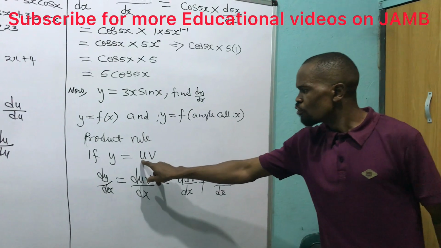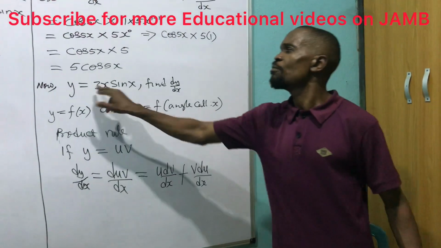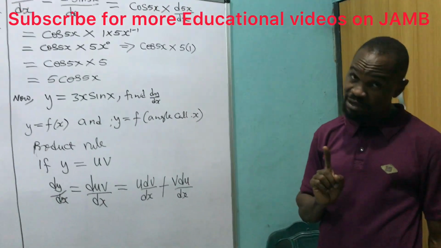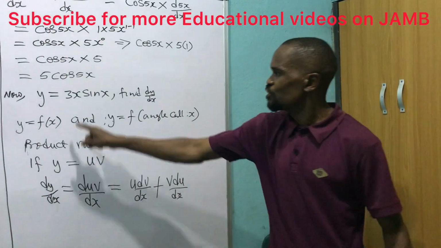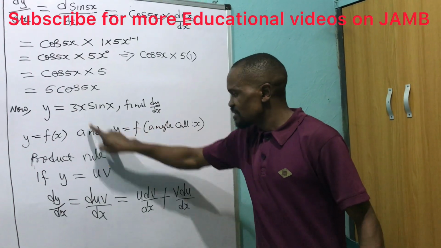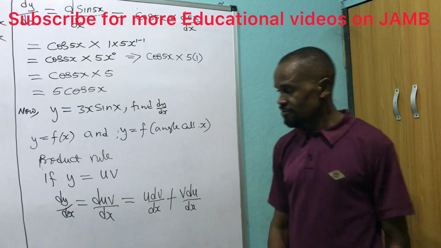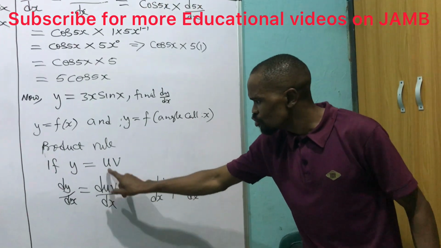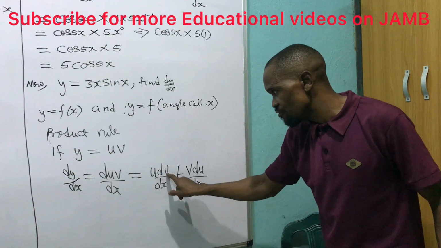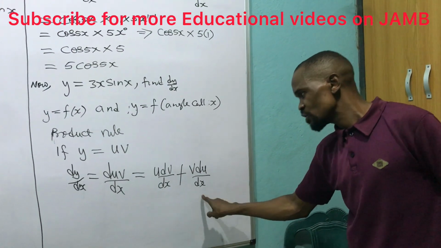So it's a function of u and v, and these u and v are multiplying themselves, which represents 3x for u and sine x for v. We now say that we are going to drop u, differentiate v, then drop v, differentiate u with respect to x.